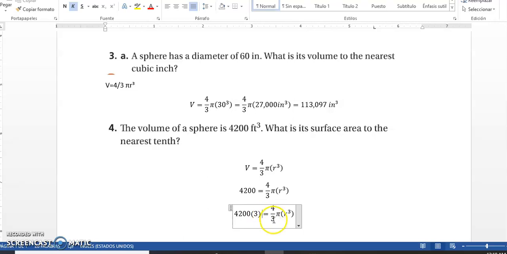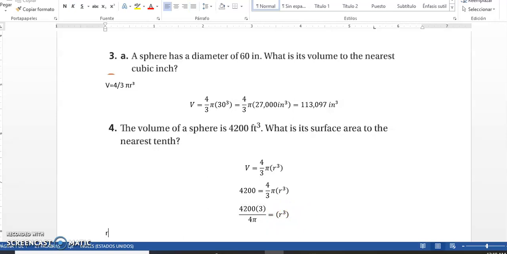Now, I will erase it here. Don't need it anymore. Now the number 4 that is multiplying will go to divide. I will erase it here. The pi that is multiplying is going to divide also. And now we have radius to the third power. Let's find that number in the next step.